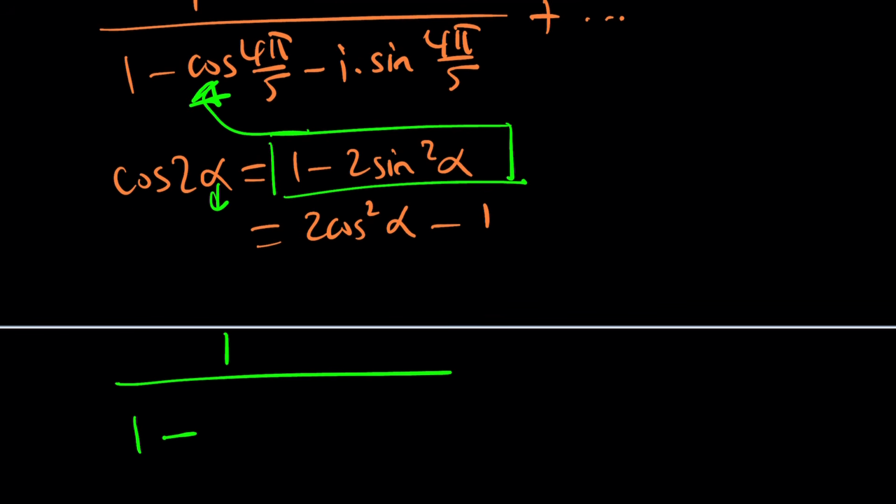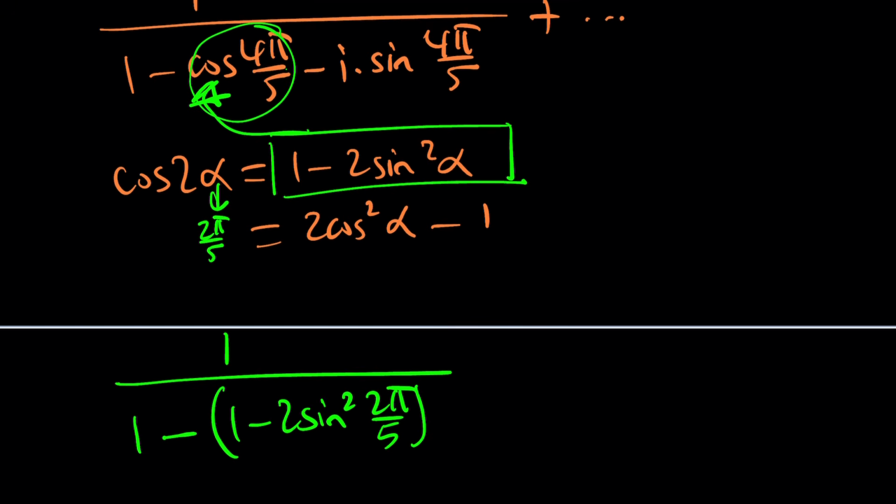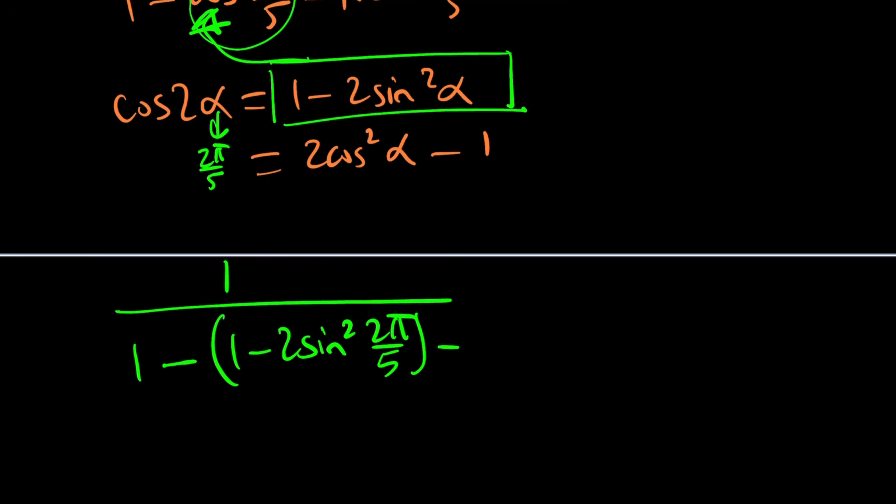In this case, we want to use the double angle. So alpha is going to be 2 pi over 5. So 1 minus cosine 2 alpha, which is 1 minus 2 sine squared alpha, which is 2 pi over 5. Does that make sense? This will definitely simplify our expression a great deal.